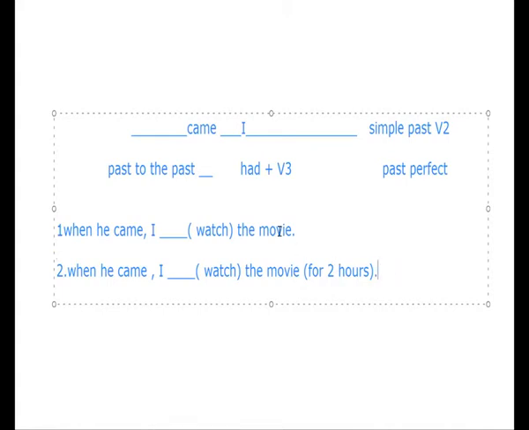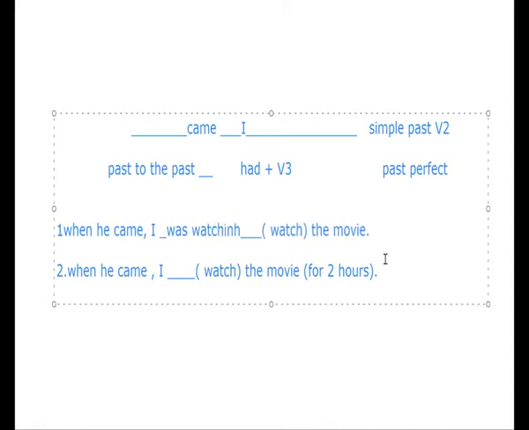I don't have this duration in the first sentence, where our speaker is not interested to talk about the length of the time. So when he came, at that moment, I was watching. This is clear.